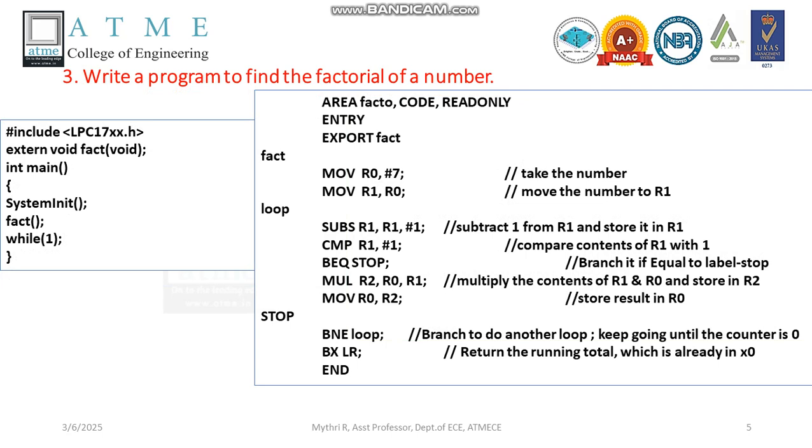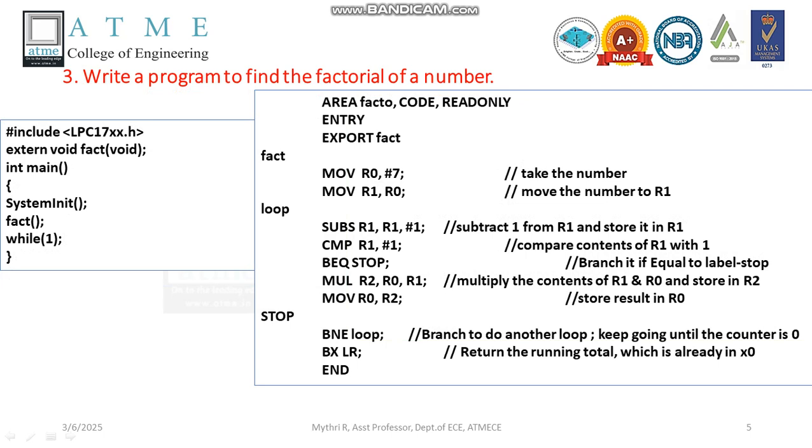This is the third program, to find the factorial of a number. Here we are finding the factorial of 7. The 7 is initialized to register R0, and then we move that 7 into R1, and then R1 will be decremented by 1.